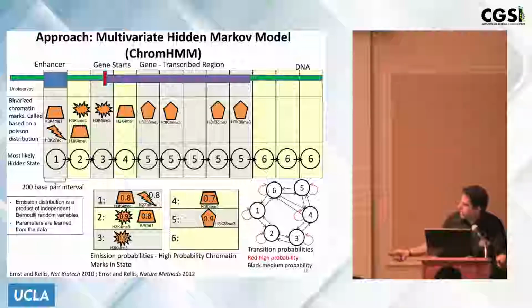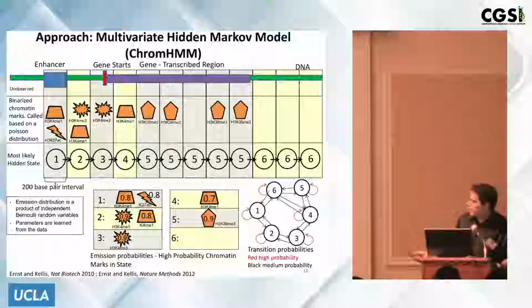Then we model the emission distributions with the product of independent Bernoulli random variables. Depending on which state we're in, we have a different probability of observing each modification. I'm showing you here marks with a high probability in these different states. Underlying this, we also have transition probabilities that capture the likelihood of transitioning to different states or staying in the same state.